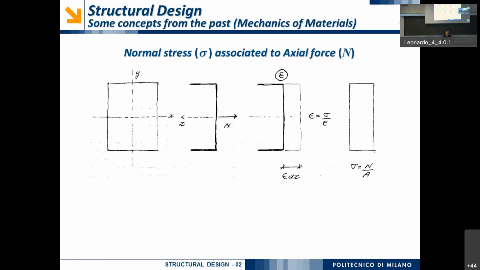of course, the dimension of the strain will be equal to the dimension of the stress over the dimension of capital E. But we have also to remember that the definition of strain is the elongation of a fiber which was originally of unit length.